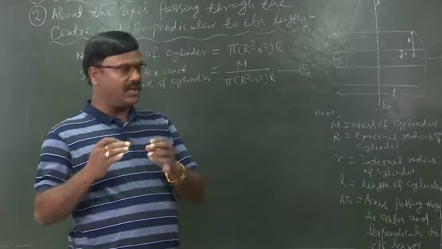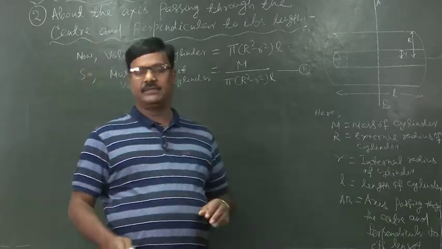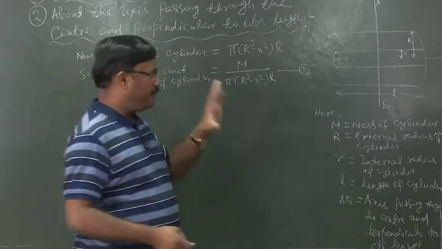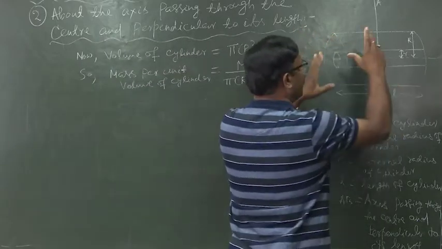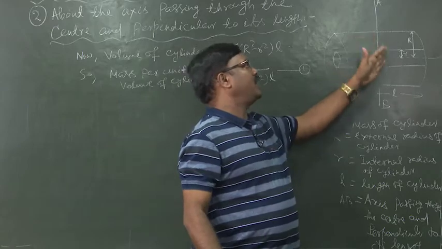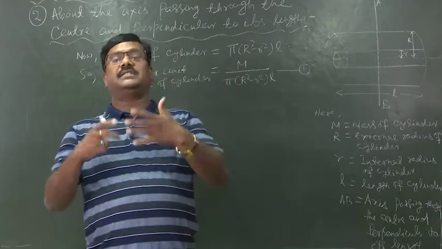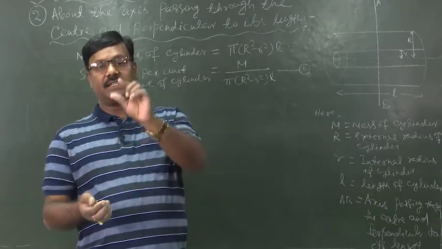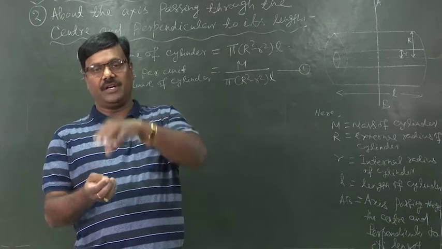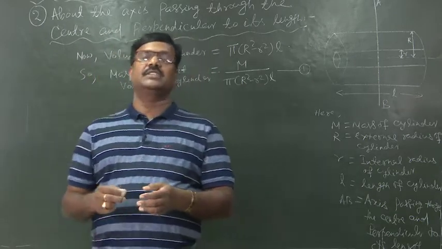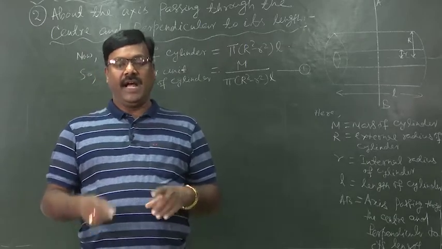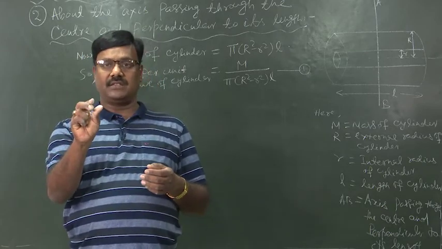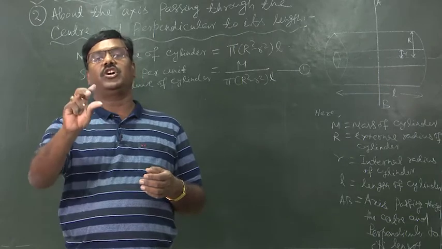Let us consider a small element of the cylinder in the form of a circular disc, because a cylinder consists of a large number of circular discs. Let us take the help of an example. If we place carom coins one over the other, then it will form the shape of a cylinder, and this cylinder is the sum of the carom coins, and every coin is nothing but a circular disc.